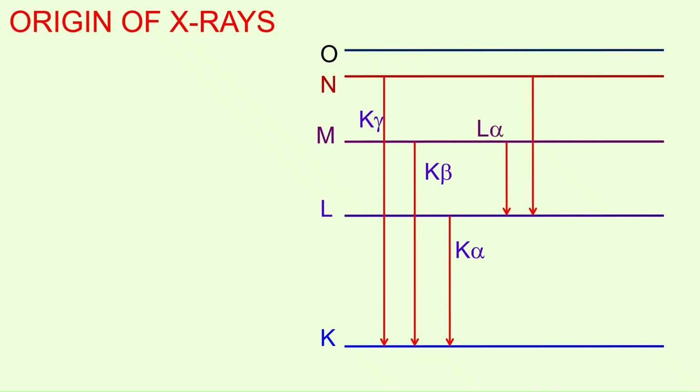Now, note here how the lines L alpha, L beta, and L gamma are designated. The lines M alpha and M beta are designated.